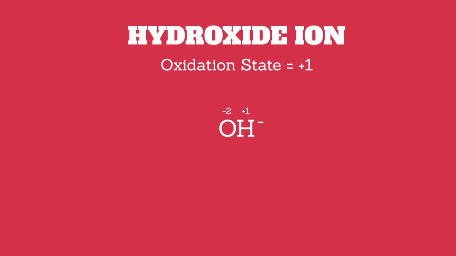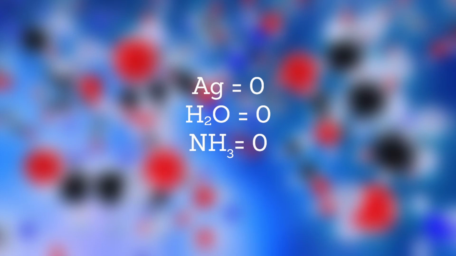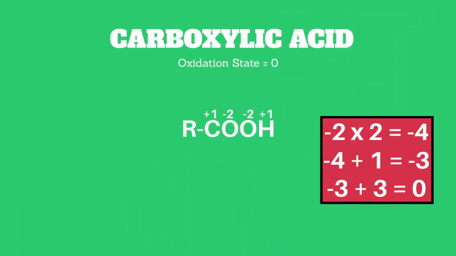Now let's look at the product side. Silver, water, and ammonia. Water and ammonia don't change, obviously. Silver, now as it's alone and doesn't have any charge, will be 0. But the carboxylic acid here, we have +1, we have -2 and -2 oxygens.